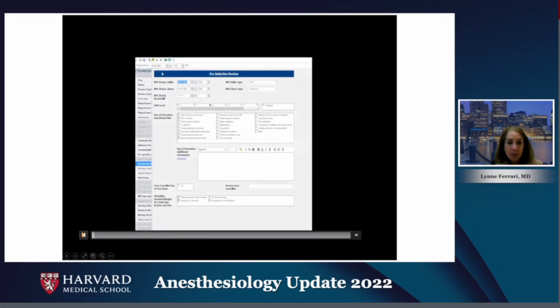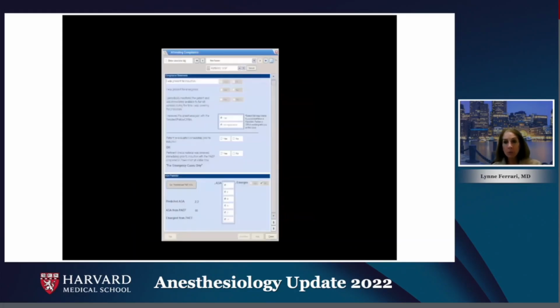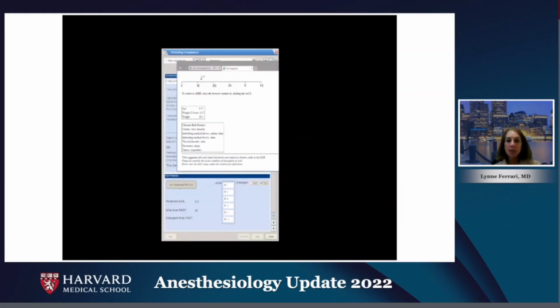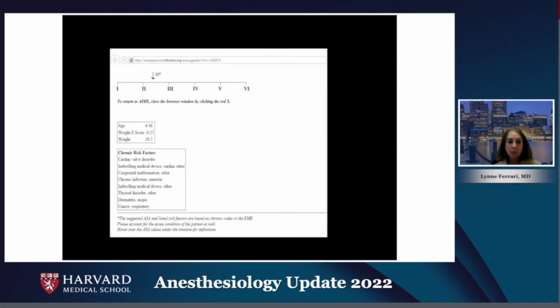But what we have done in addition is embedded a module into our anesthesia information system that actually invokes a machine learning artificial intelligence prediction of length of stay, which is patient specific, and it's based on the ASA classification. So what it will do is it will document all of the chronic risk factors.